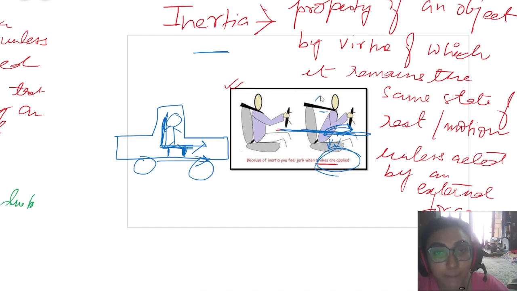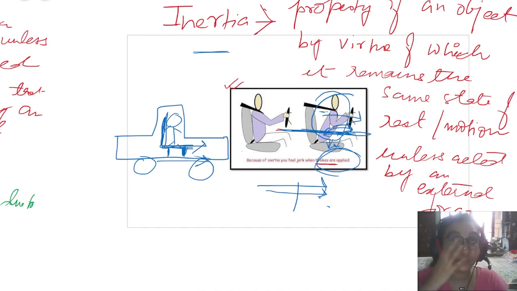But the upper part of your body still thinks that the car is moving and you are moving. So it will take some time to realize that the brakes are applied, so I will now stop. Before stopping, it will move forward.